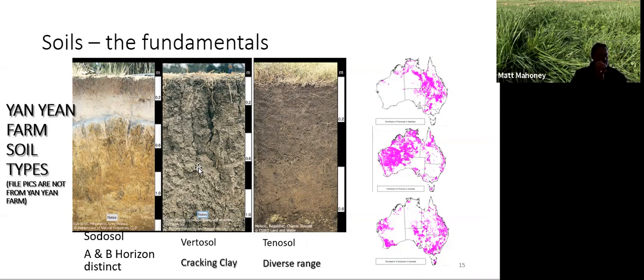That's just because of how they compact in. It's just one of the properties of the vertisol. Australia actually has the greatest area and diversity of cracking soils of any country in the world, believe it or not.